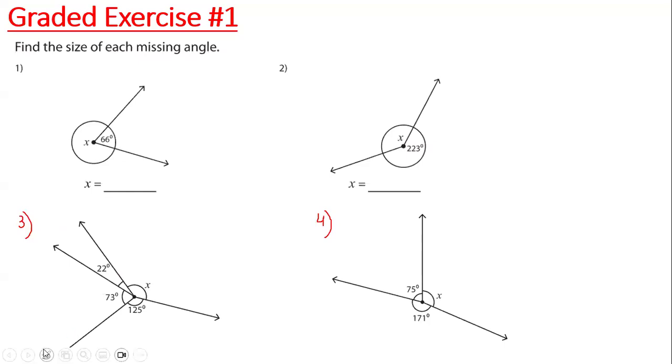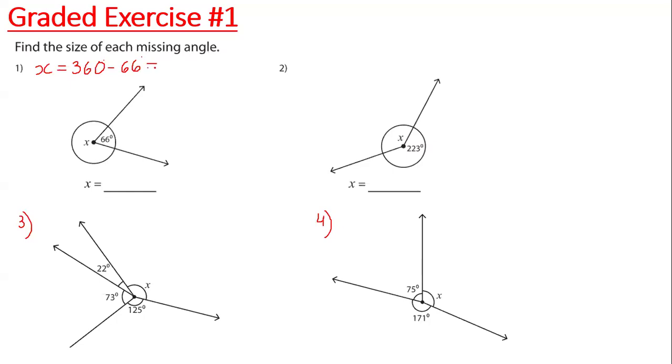Number 1 is pretty easy, right? What do we have to do for number 1? X is equal to what? How do you get your answer? You just subtract.